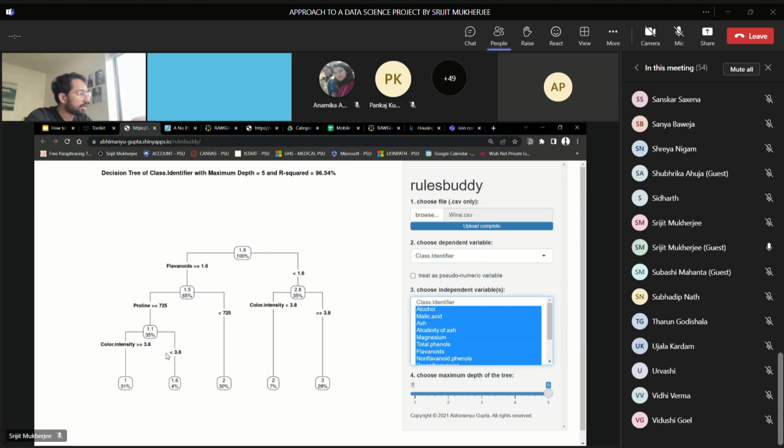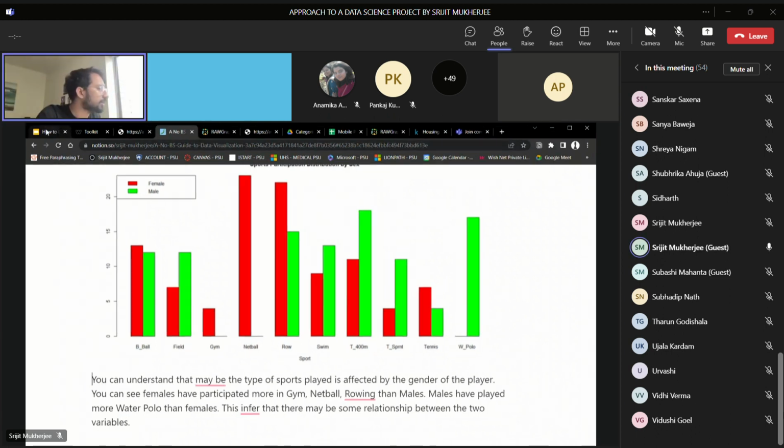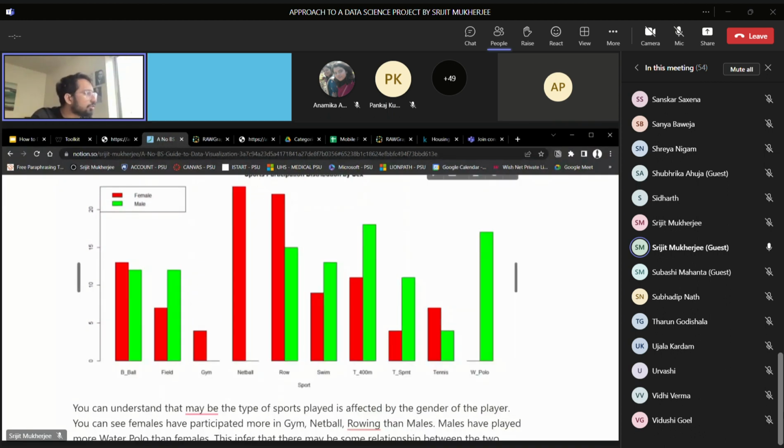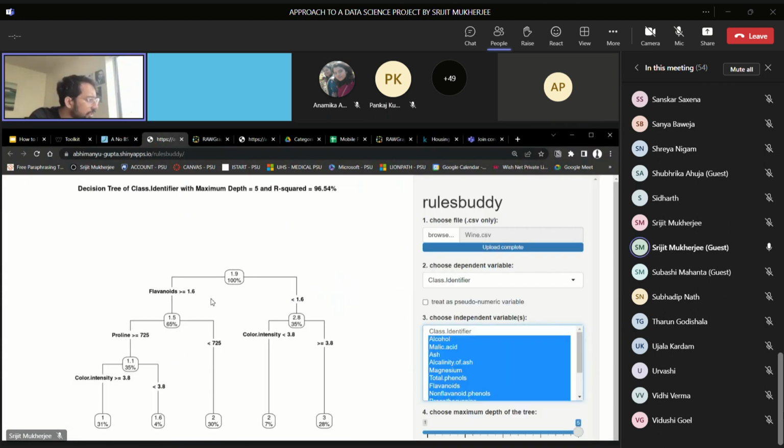For understanding it again: for flavonoids greater than 1.6 and color intensity. This screen is a bit, just give me a minute. Yes, probably this will be helpful. For flavonoids 1.6 and color intensity, I'm just explaining it again.